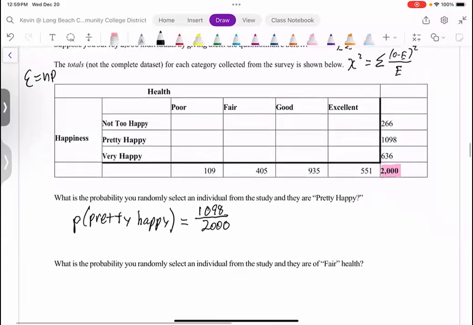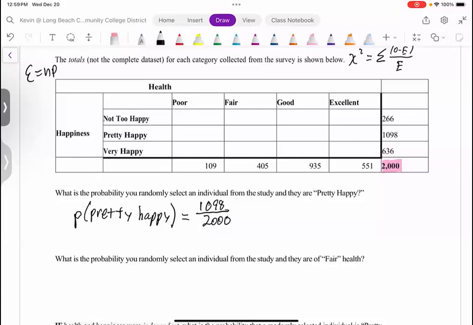Basic probability stuff here. What is the probability that you randomly select an individual from the study and they are of fair health? Well, how many people are in fair health? That's 405 out of the 2,000.